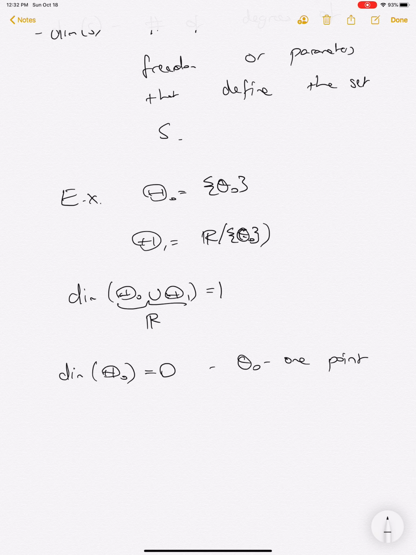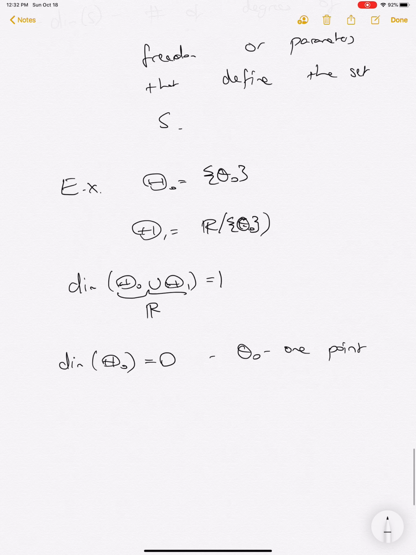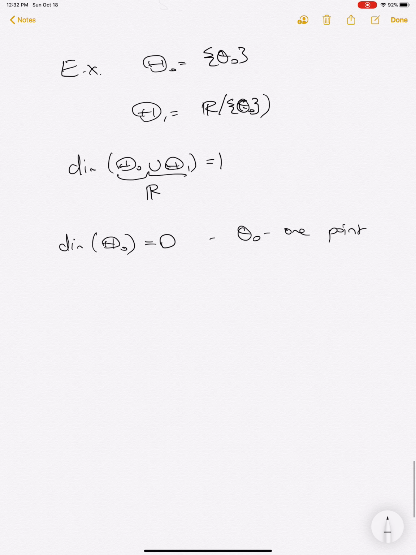So there are no degrees of freedom here, because theta 0 is just completely defined by one set. It's a little bit vague, but for all the examples that we see in this course, this notion of dimension is going to be pretty clear: it's just the number of parameters that define the set. And when you do that maximization, it'll be pretty clear how many free parameters you have. But we're going to see that in various different examples.